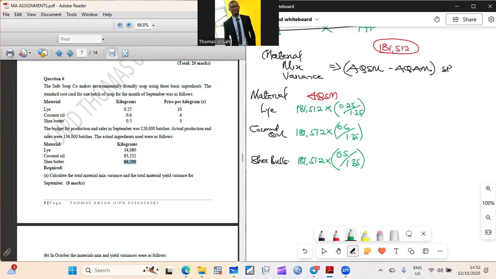Somebody should also get us the total answer for this side. So we know that at the end of the day, the whole total for AQSM is equal to 181,512, because this is what is being shared. So what we are saying is that for the actual quantity of materials, we are determining a standard mix, a budgeted mix, of how we would have used the product.